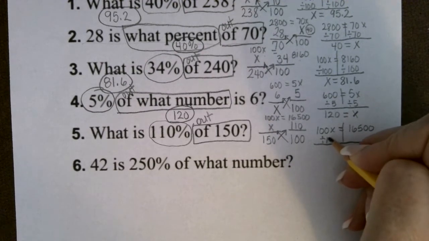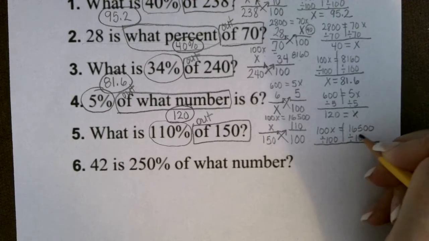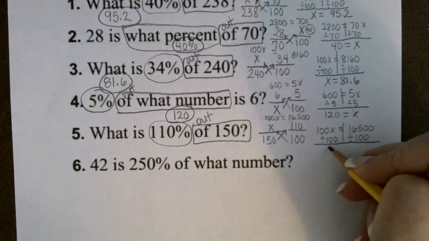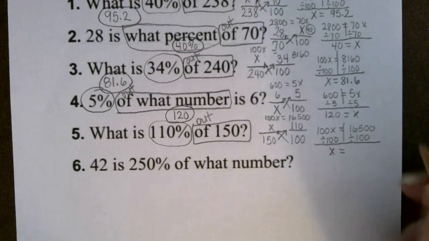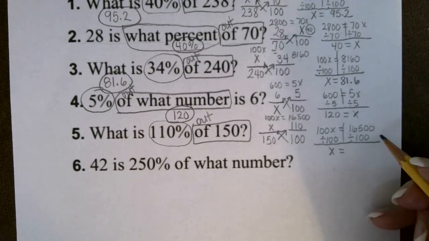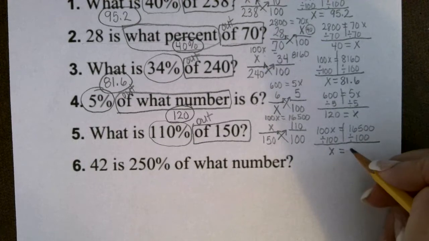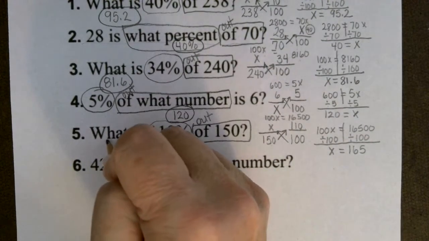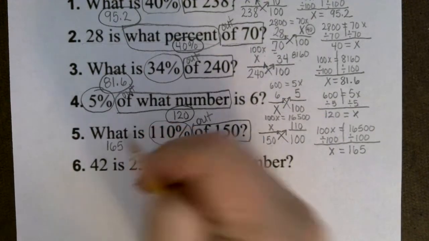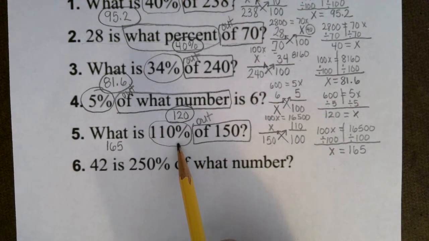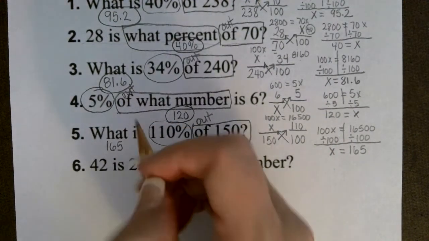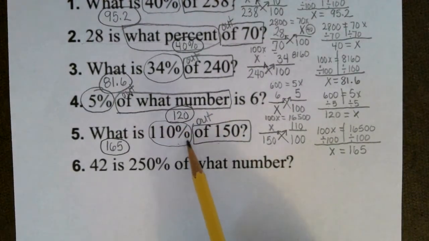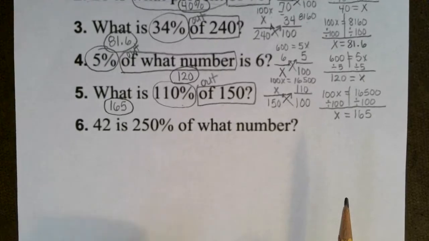We divide by 100. 100 divided by 100 is just x. And 16,500 divided by 100 is 165. So 165 is 110% of 150. So it's more than the whole because I have more than 100%.